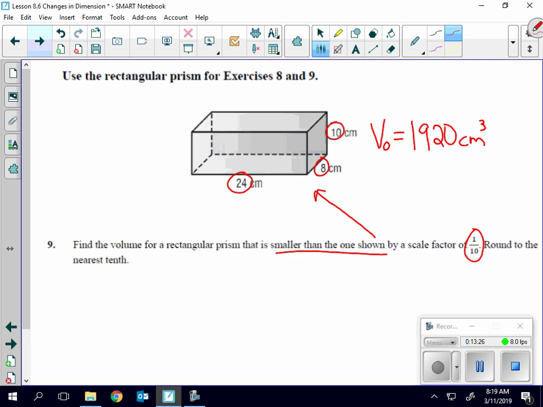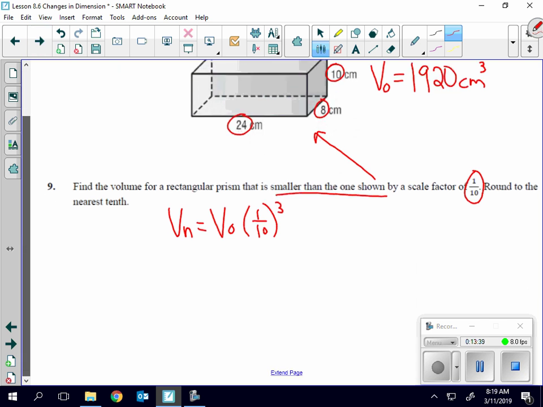So the new one, that's smaller by a factor of 1/10, is what they're asking. We're going to take the original, multiply it by 1/10 to the third power. All right. Well, the original was 1,920 times that 1/10 to the third power.